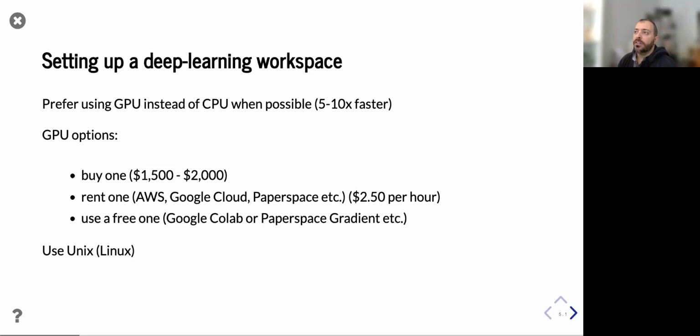Now, regarding the operating system, it's preferable to use Unix, so Linux mostly. You can use Windows, it's not that it doesn't run. TensorFlow supports Windows and Keras, but the creator of Keras proposes to use Unix because there are sometimes connectivity issues between the GPU and TensorFlow.